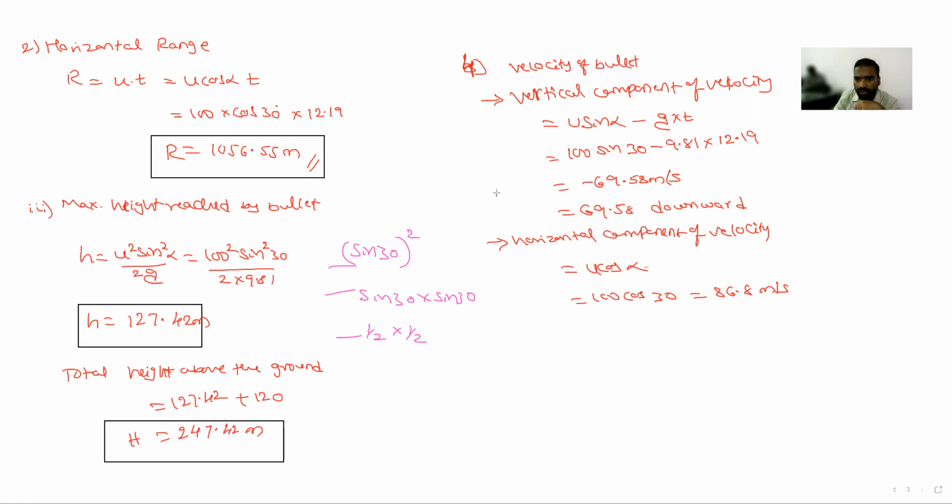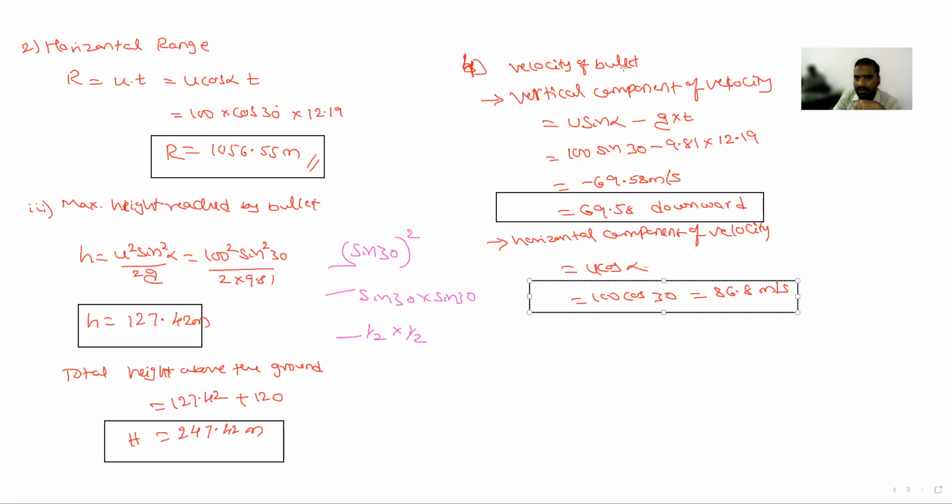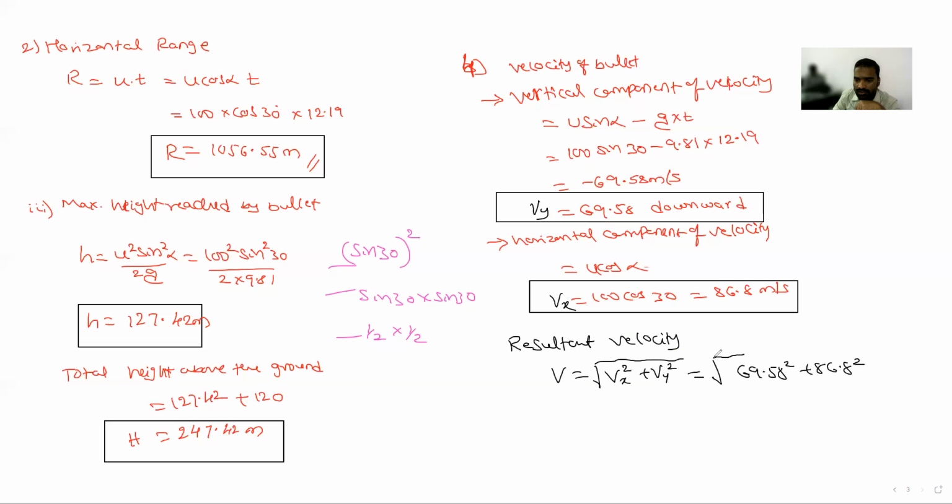This one is in the downward direction. Here you got a positive answer, it is in the rightward direction. Now I want to find the resultant of these two. Resultant velocity v is equal to the square root of vx squared plus vy squared. Calculate. Square root of 69.58 squared plus 86.6 squared.